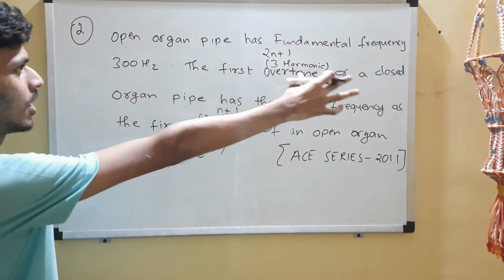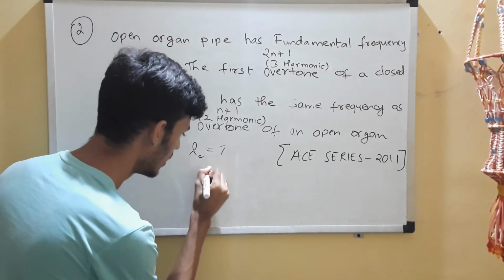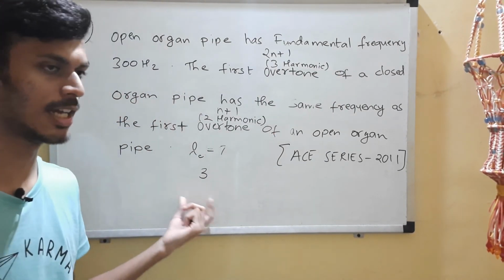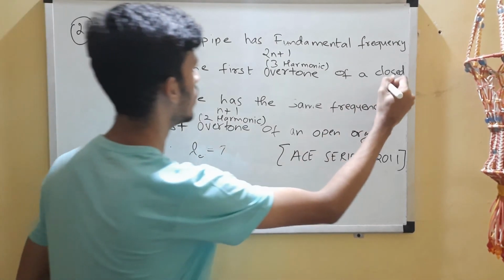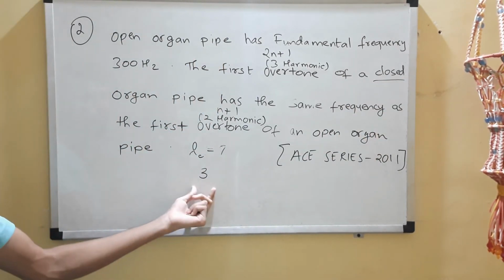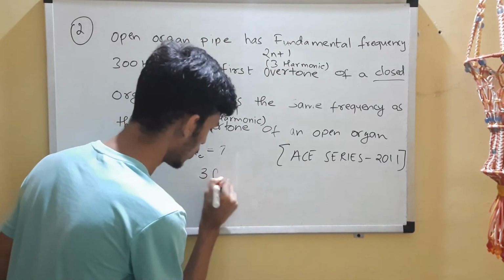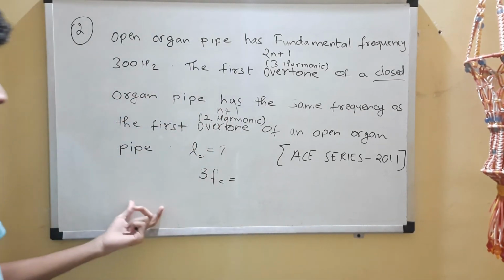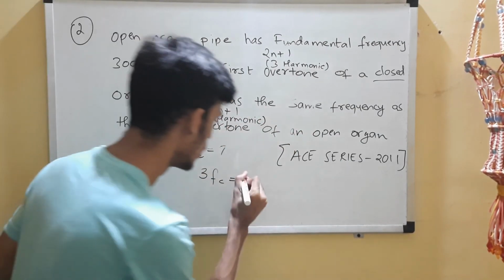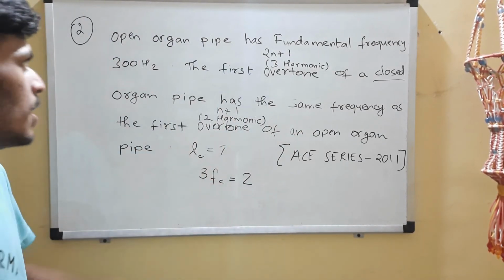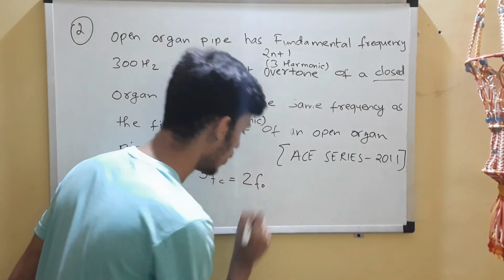So third harmonic of closed organ pipe, you can write it as 3 times, so n times f, n times the fundamental frequency of the closed organ pipe. So 3 times the fundamental frequency of the closed organ pipe is equal to the second harmonic, so 2 times the fundamental frequency of the open organ pipe.